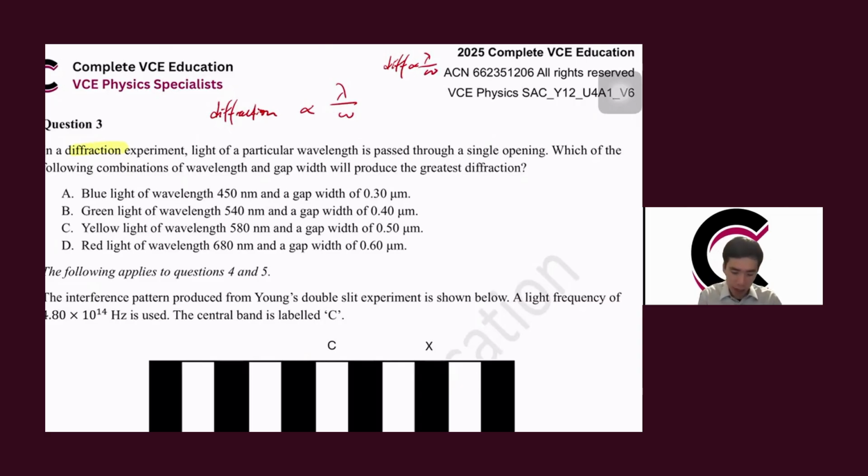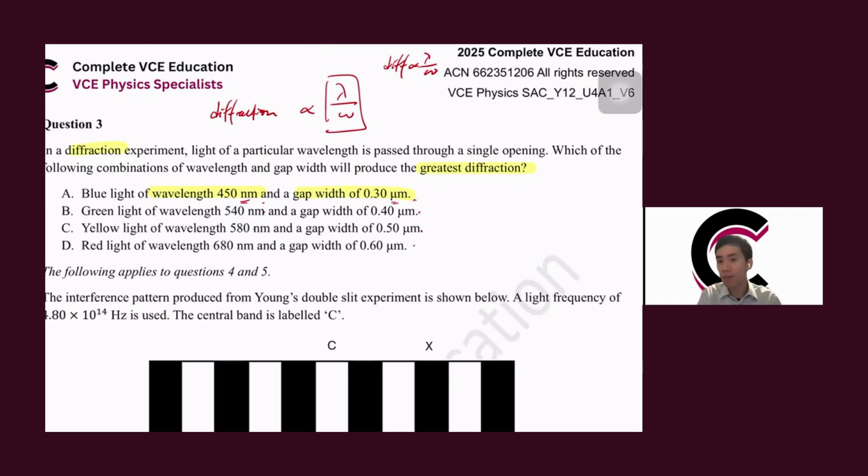And if you check the numbers right here, we have the wavelengths given, we have a gap width given. So asking which one's producing the greatest diffraction, you want to get the greatest ratio for lambda over W. Some of you may ask, Eric, do we need to convert the units? Because I see there's nanometers, there's micrometers. But if all the units are the same, all nanometers, all micrometers, there is no need to change the units.